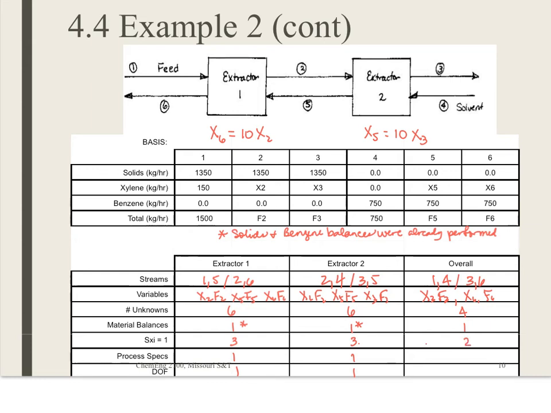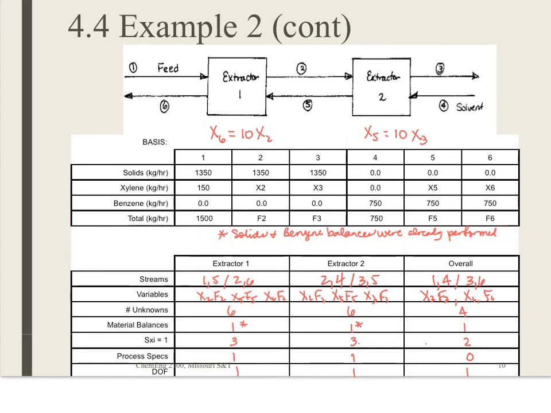I have 2 sum of x equations, and I have no process specs, because although I have 2 equations that relate to x6 and x3, both of those will introduce 2 more variables. So if I were to use those as process specs, I would have to add 2 more variables to my list. So again, I have a degrees of freedom is 1. So none of these are well defined, just the same result we had before. But I do have that these are all close.